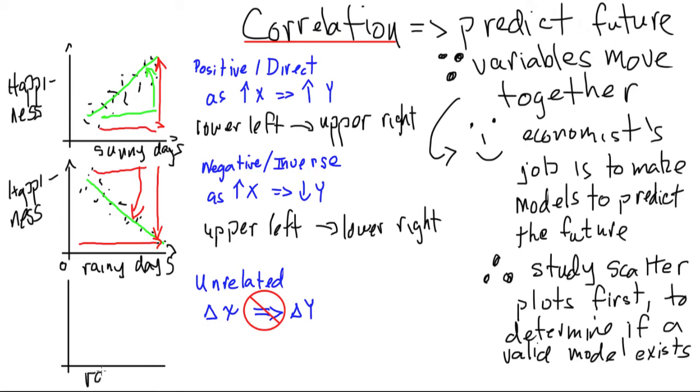The number of rainy days and the amount of money in my pocket. Usually, I have a constant amount of money in my pocket, say $20.